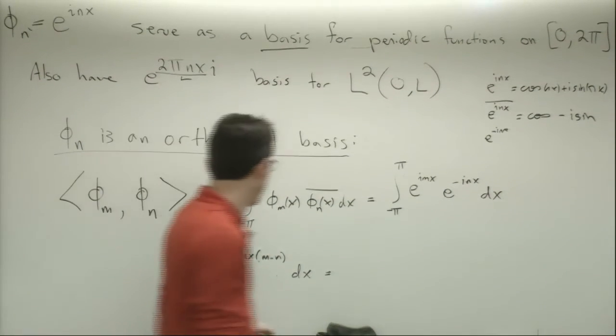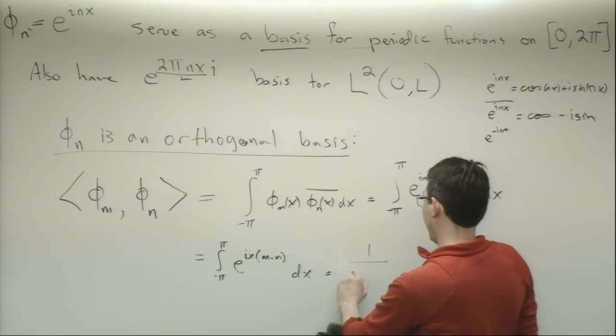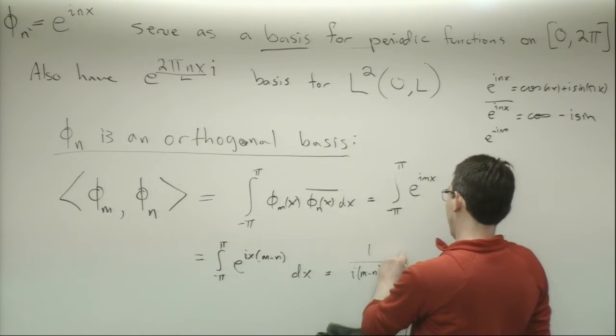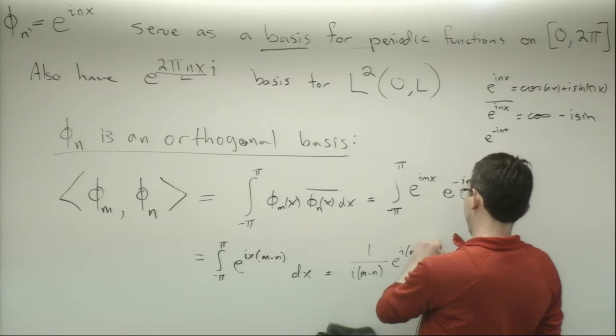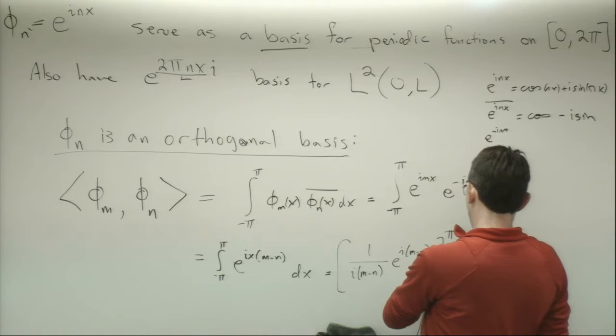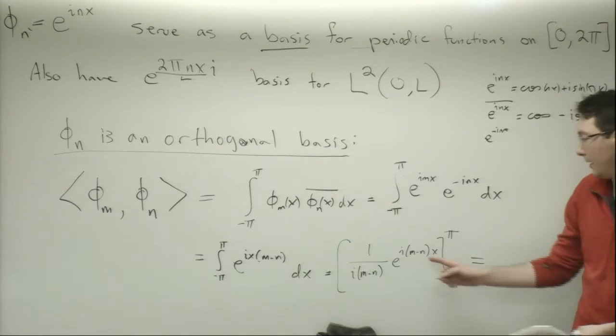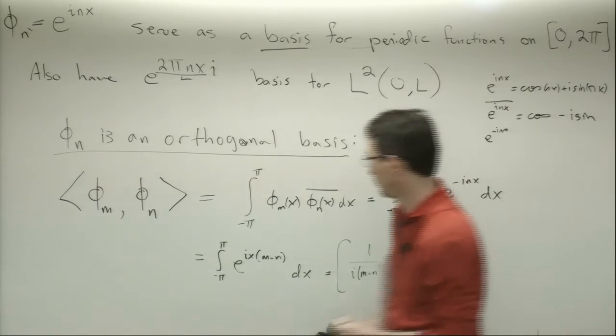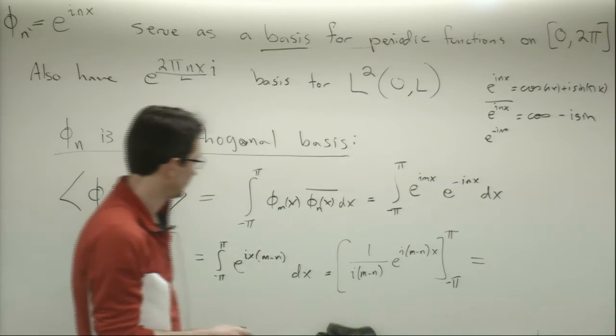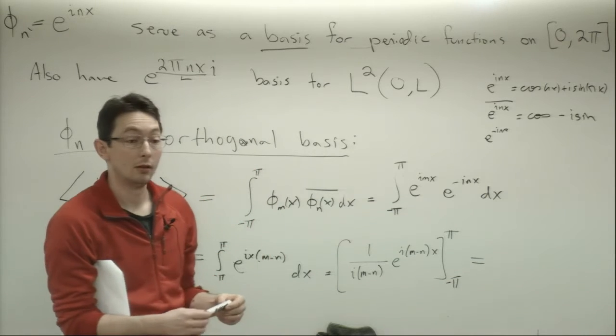The integral of that is 1 over the constant, 1 over i times m minus n, e to the i m minus n x, evaluated from minus pi to pi. Okay, so what does this equal if m is not equal to n? If m is different than n, what does this equal?